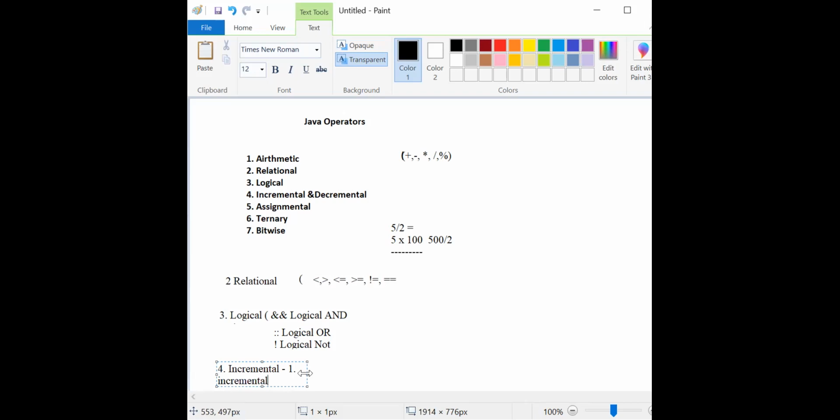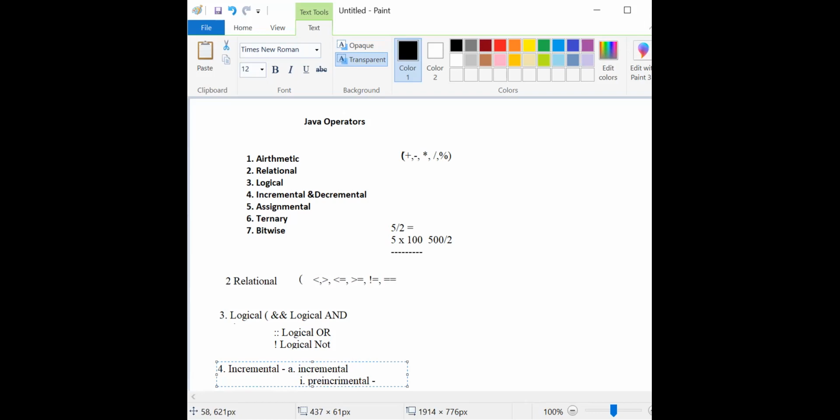This incremental operator, for example A, can have a pre-increment and a post-increment.